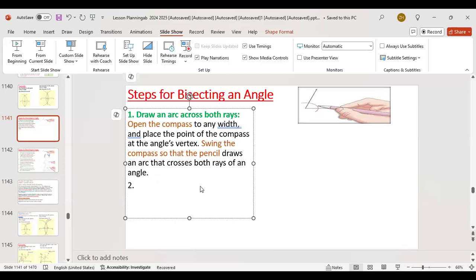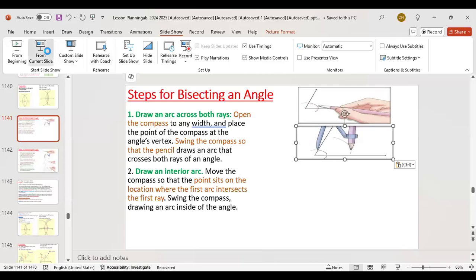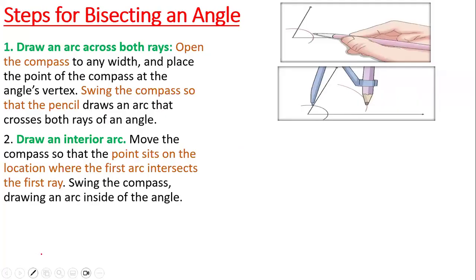Let me show you a picture so you can see exactly what's happening. You have your regular angle, with a ray on each side, and we have A, B, and C. The first thing we do when constructing the 60-degree angle is draw an arc.